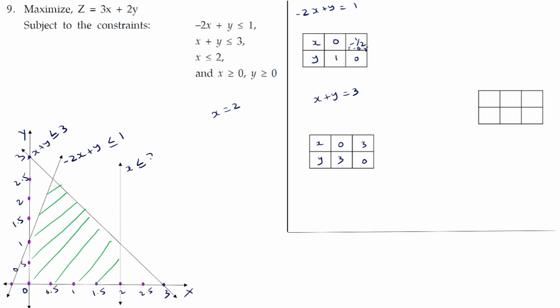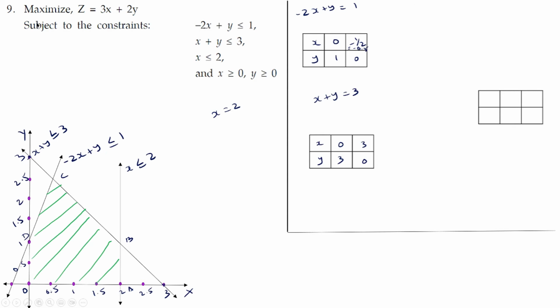This is x less than or equal to 2. And now that we have found the feasible region, we can identify the corner points of the feasible region. The corner points are, this is O, next we have A, then B, C and D. So these are the corner points of the feasible region, O, A, B, C and D.